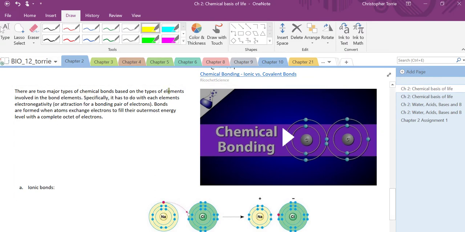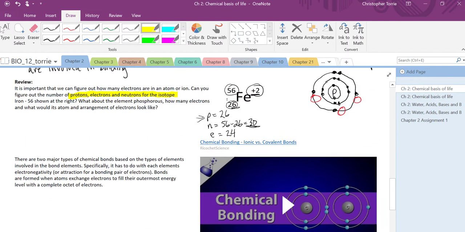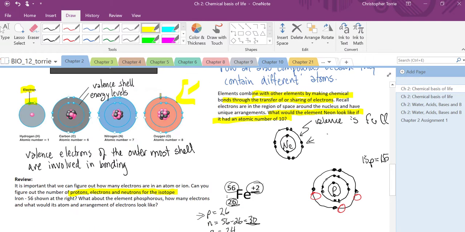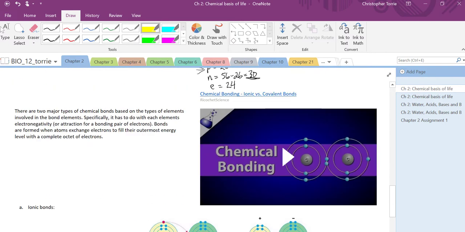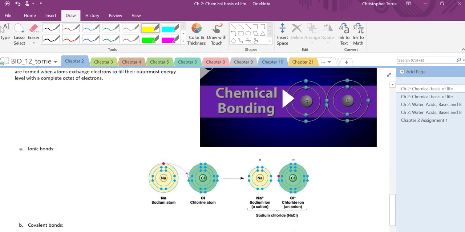There are two major types of chemical bonds, okay? And it has to do with each individual atom's what we call electronegativity. Essentially, that is the attraction for these electrons in the outermost shell. So every atom, based on its atomic structure, has a certain attraction to another atom's electrons, and that dictates the bond that's formed.